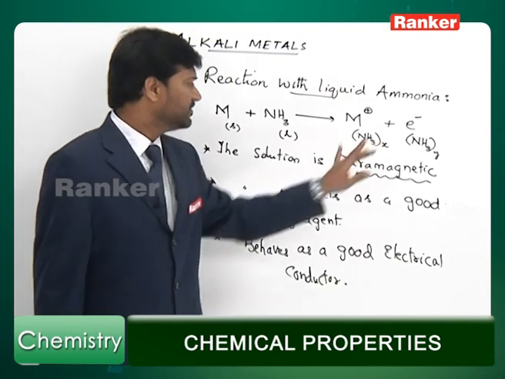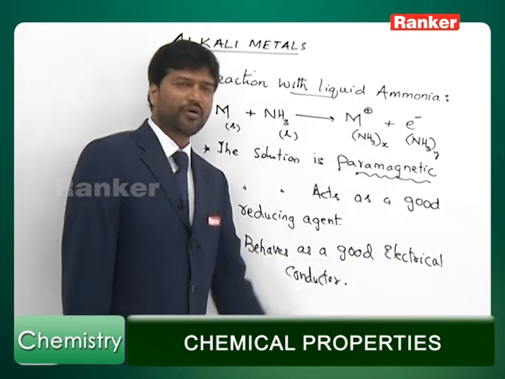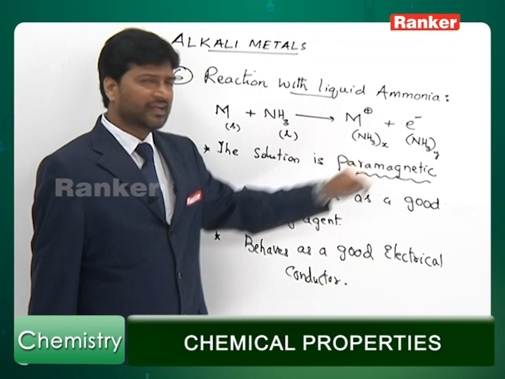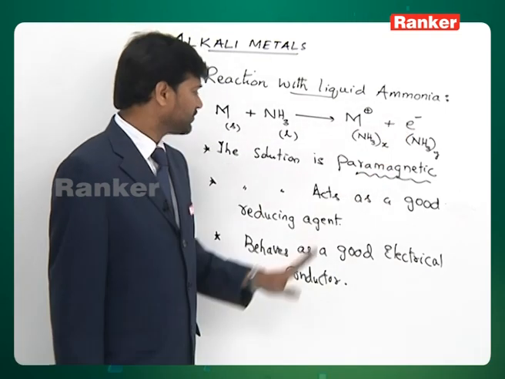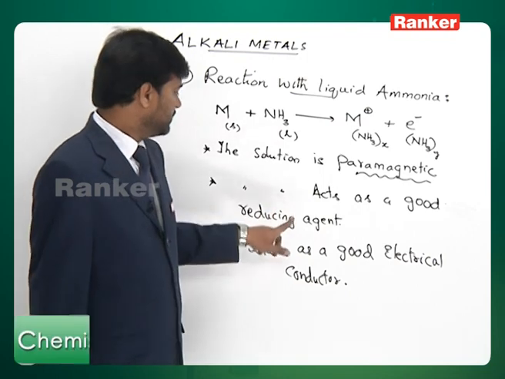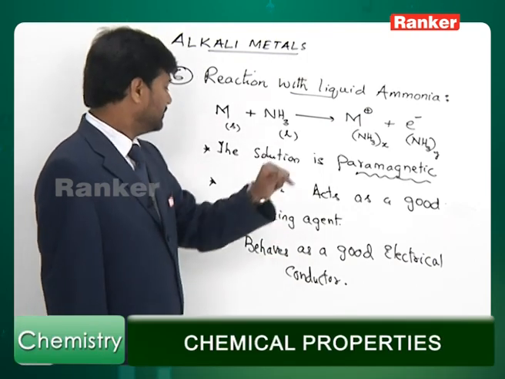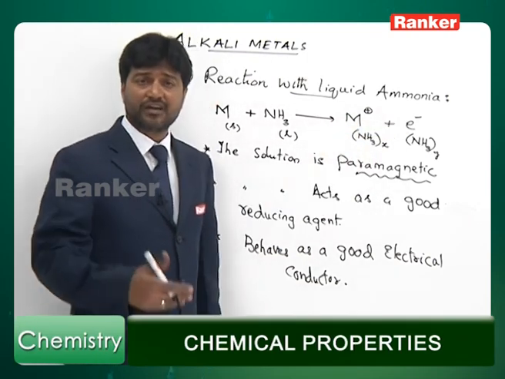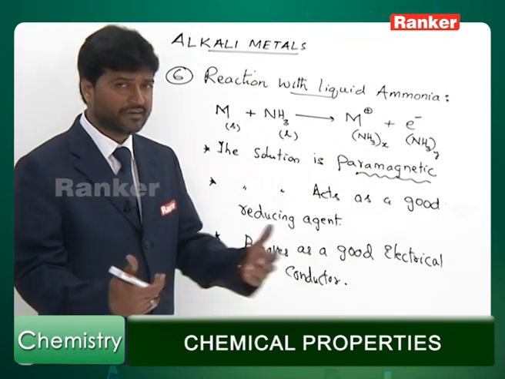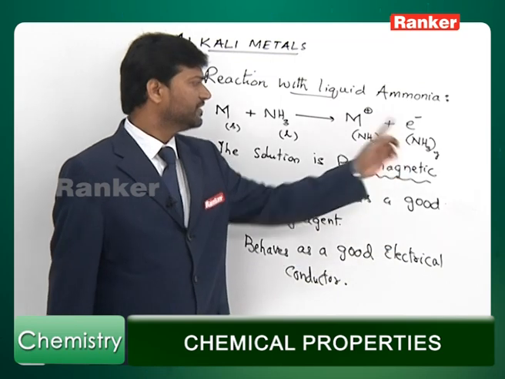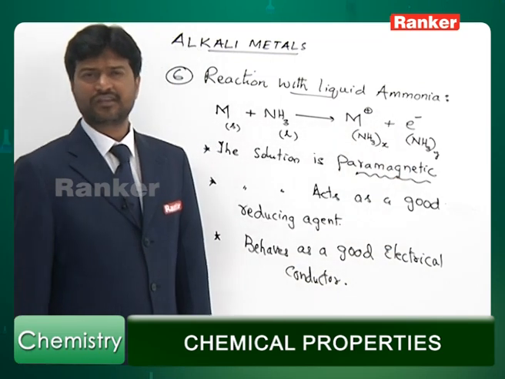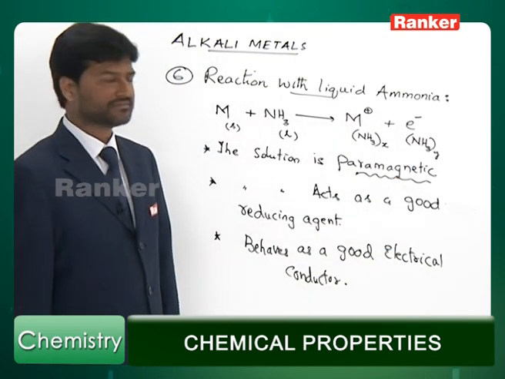These two species are responsible for these properties. Solvated electrons are responsible for paramagnetic nature. Solvated electrons are responsible for reducing nature. And then these two species are responsible for carrying current. Apart from this, the blue color of the solution is a consequence of the presence of solvated electrons in the solution.